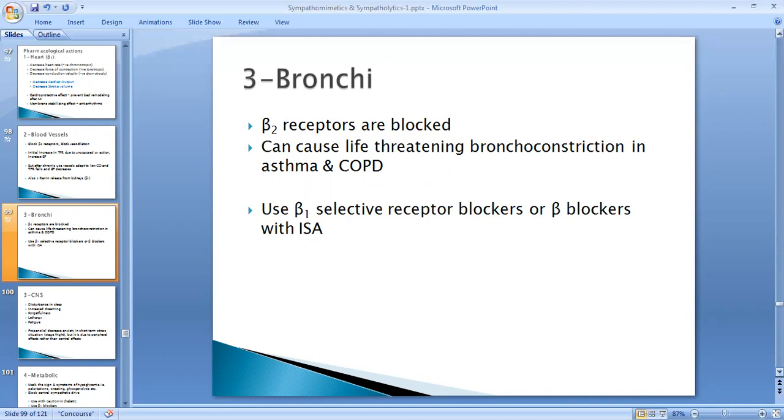But if we give a beta 1 selective blocker at a very high dose, it can lose its beta 1 selectivity, and it is then also contraindicated in asthma and COPD. So we should not prescribe a high dose.